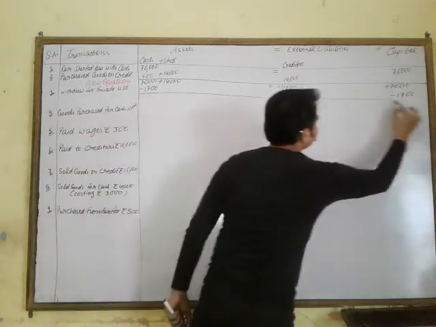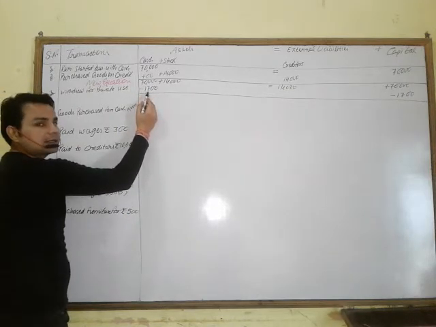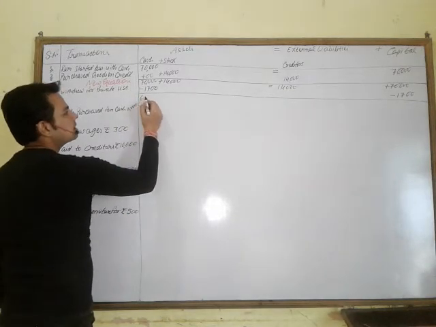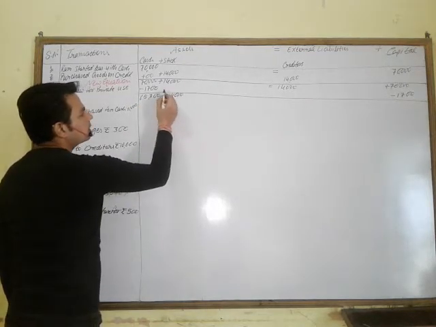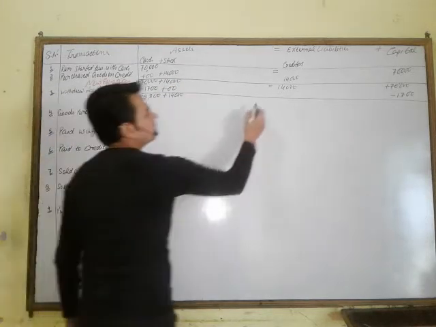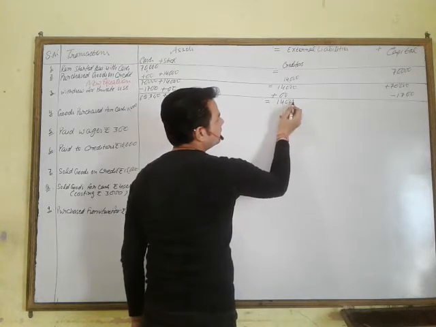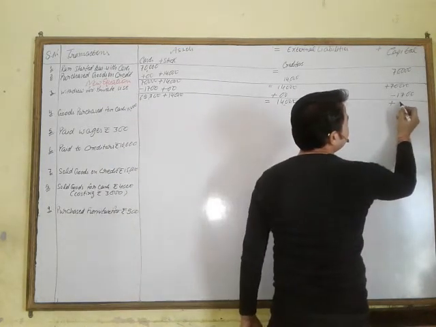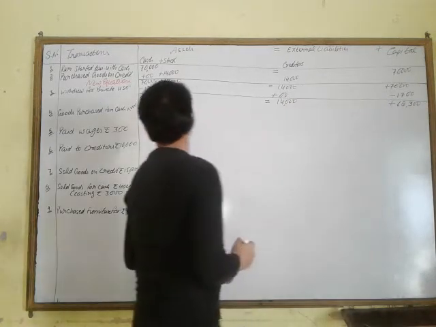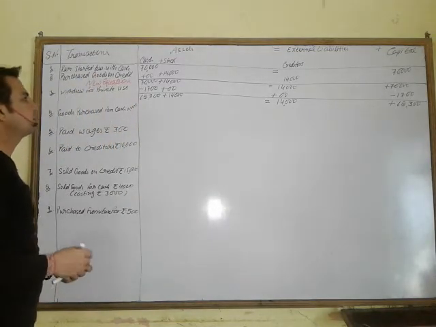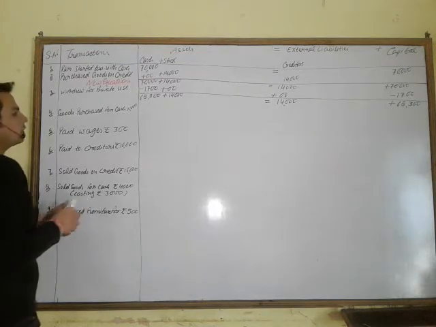After doing the treatment of this, you can check the balance of cash is 70,000 minus 1,700, balance is 68,300, plus stock 14,000. As you have added nothing in the creditors, it will be equal to 14,000 here plus 68,300 capital. This is the new equation.